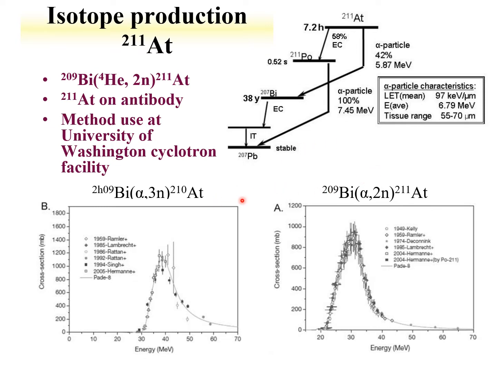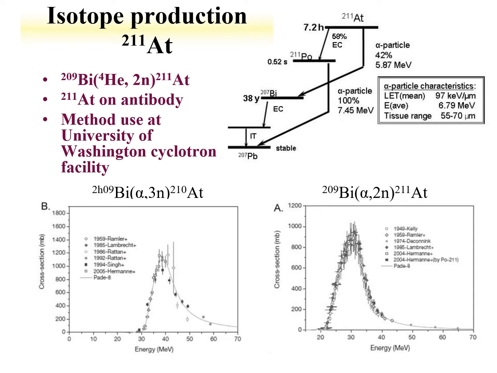The isotope production information is provided here, using examples of some information discussed earlier in the course. These are some cross sections as a function of energy, and we see the cross section for this reaction goes up to about a barn for the bismuth-209. The alpha,2n reaction peaks at around 30 MeV, while the 3n reaction, as we discussed in some earlier lectures, would peak at a higher energy, and we see here it's at 40 MeV, and the cross section again is slightly over a barn.